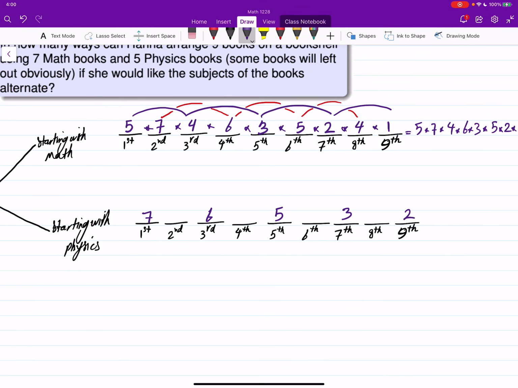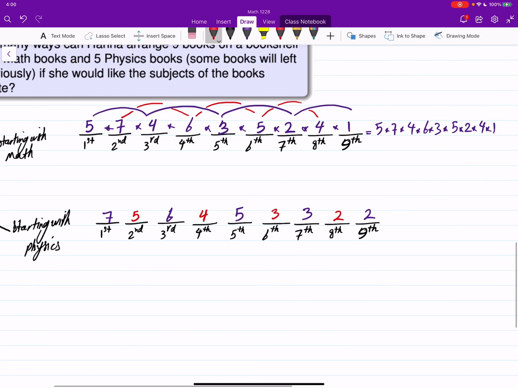These are physics books. Now for the math books, I will start with the 2nd place. There are 5 possibilities. Then there will be 4 in the 4th place, then 3 possibilities for the 6th place, and 2 possibilities for the 8th place. And as you can see, this is going to give me a slightly different number.